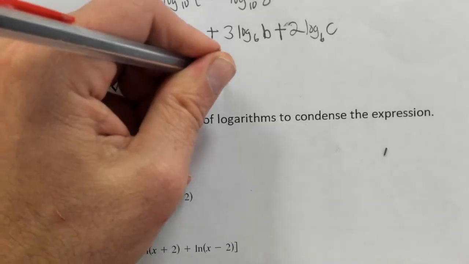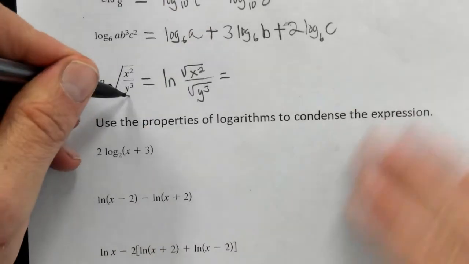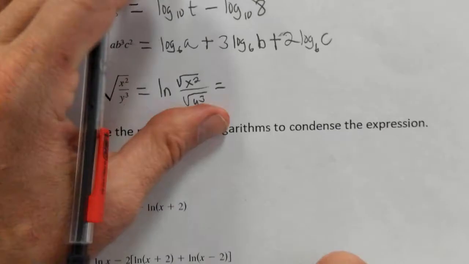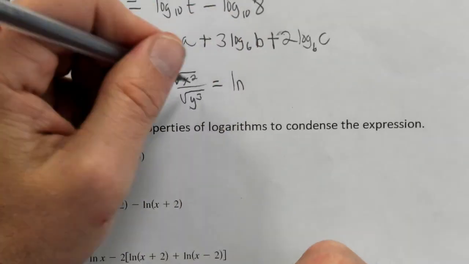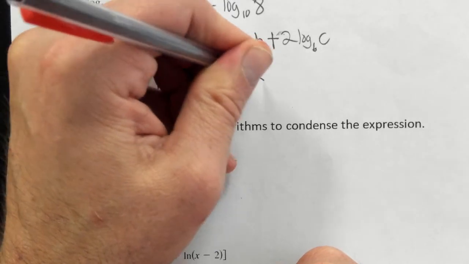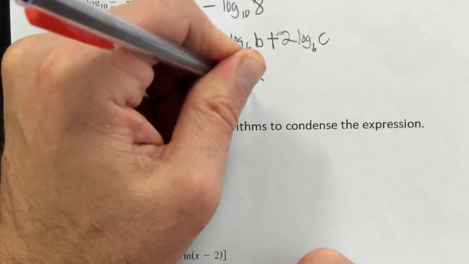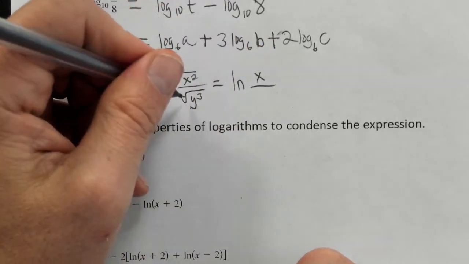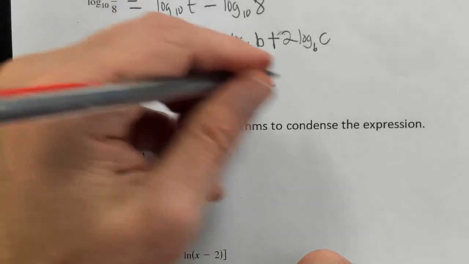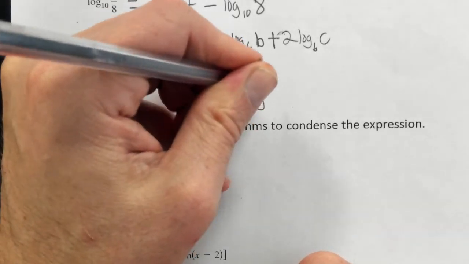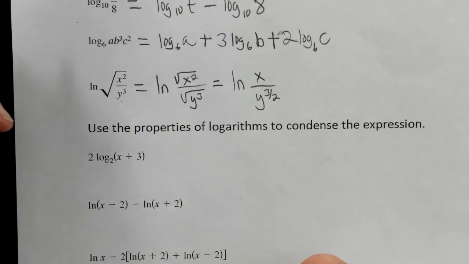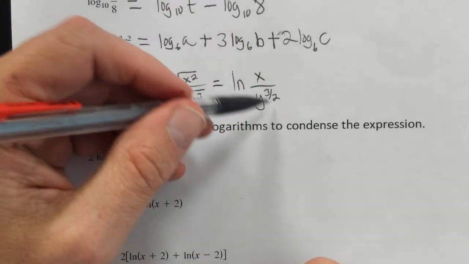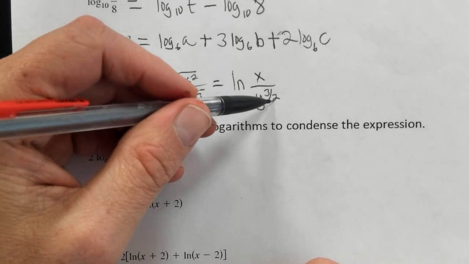So just expand that out to the square root of the top over the square root of the bottom. Now we can write that as the natural log of, well, the square root of x squared is x, so I'll write that as x over. Now, the square root of y to the third can be rewritten as y to the 3 over 2 power. Because remember, when you have a fractional exponent, the bottom of the fraction is the root.